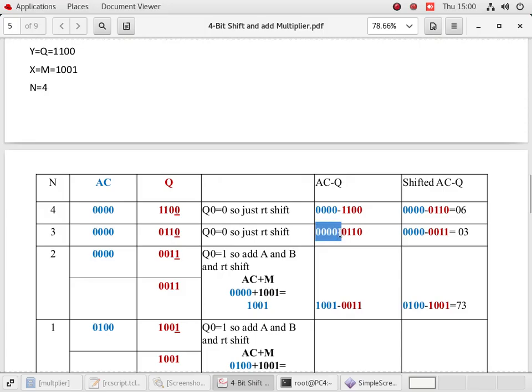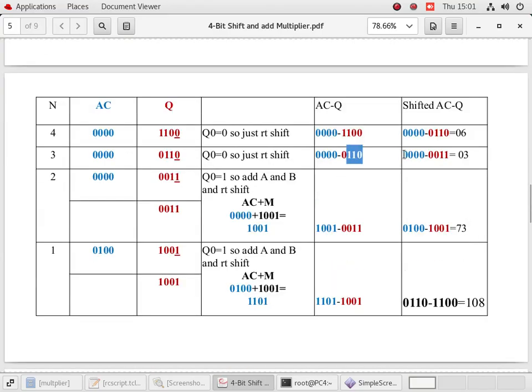So the accumulator and the q value are concatenated and again right shifted. So we get 3. The initial value was 12, then 6, and now 3. Now again the accumulator value and q value are written down separately. The higher 4 bits represent the accumulator value, the lower 4 bits will be the q value.